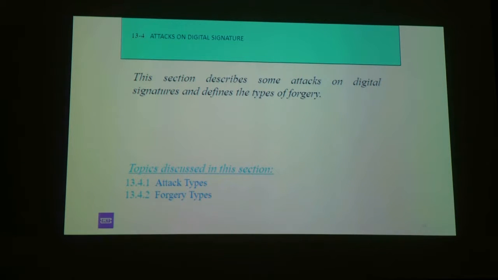That changes the strength of your attack. The more information you have, the stronger. So we have the key only attack, the known message attack, and the chosen message attack.